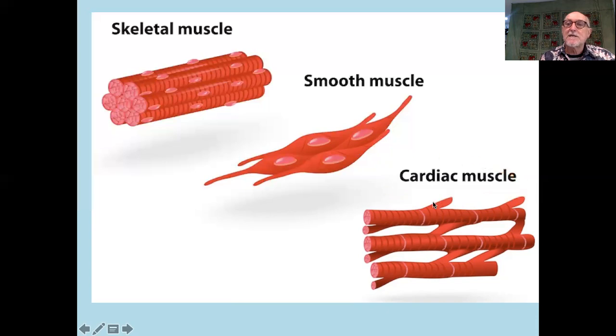This here is cardiac muscle, and it looks kind of halfway between the two in a way. It doesn't have the very distinctive striations. It does have some visible striations, it is also multinucleate, and it has this organization that the cells actually communicate with one another.